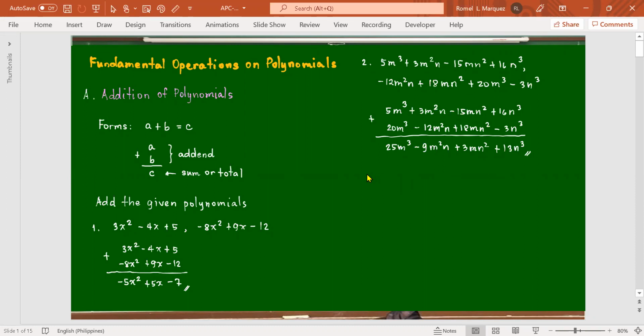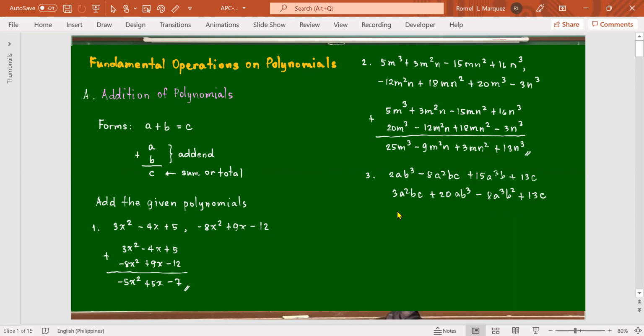Now, if I have number 3, 2ab cubed minus 8a squared bc plus 12a cubed b plus 13c. And then the second polynomial, 3a squared bc, then plus 20ab cubed, then minus 8a cubed b squared plus 13c.